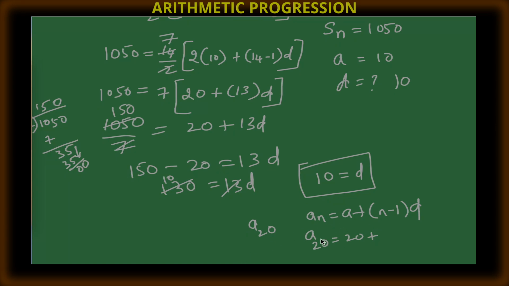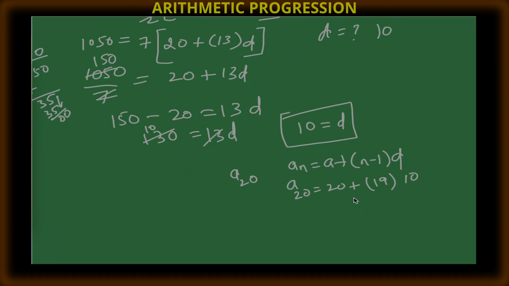Sorry, n is 20 here. This is the n we need. 20 minus 1 is 19, into d. The d we got is 10. So a20 is equal to 20 plus 190.